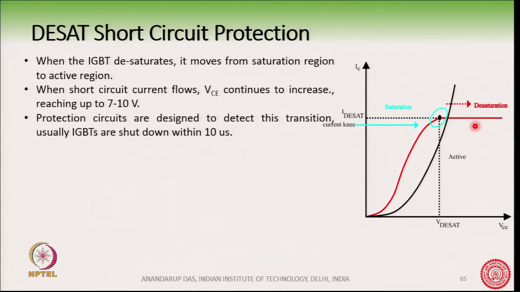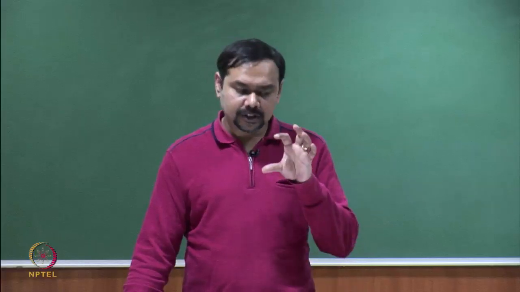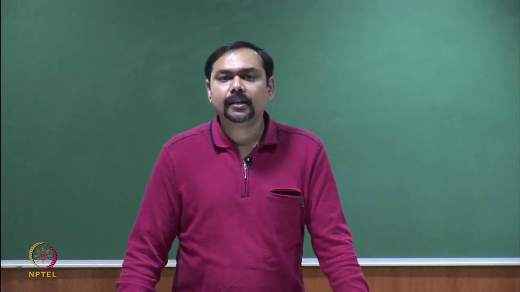In active region, the VCE voltage is substantially high and it is of the order of 7 to 10 volts. Okay. So, protection circuits are designed inside the gate driver or with some components outside.